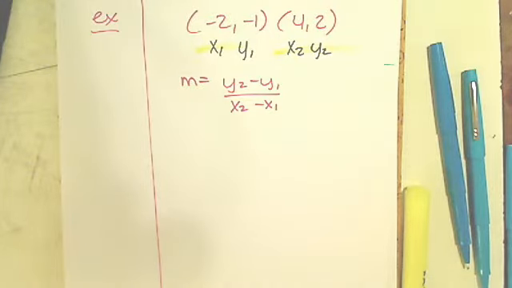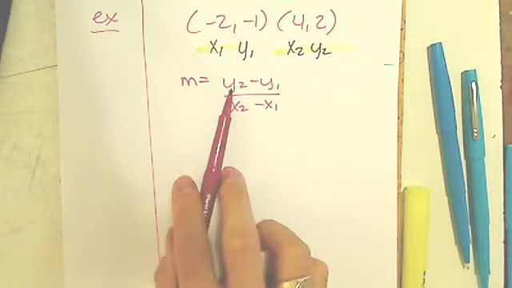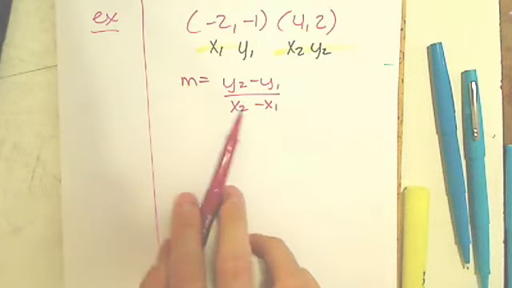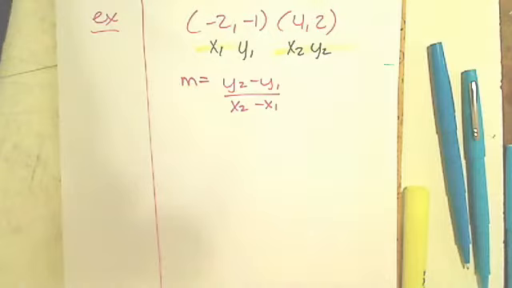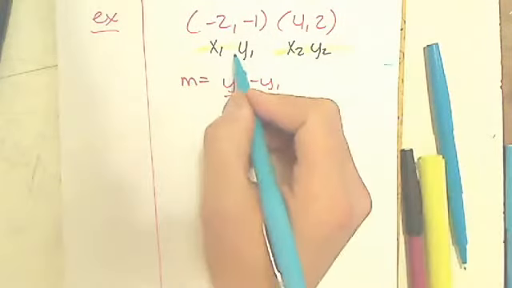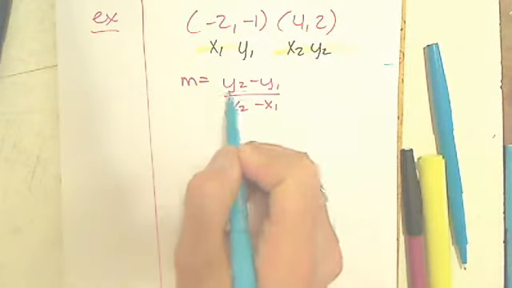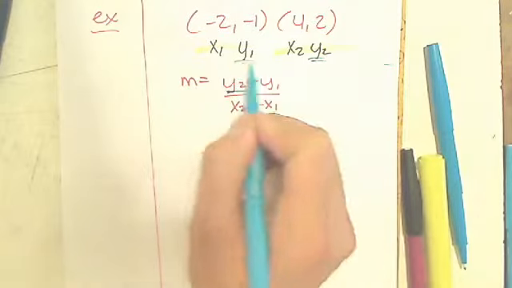That is not a square, that is a subscript. This is y sub 2, y sub 1, x sub 2, x sub 1. So what we're doing here is substituting in, right? Put these numbers where they go.